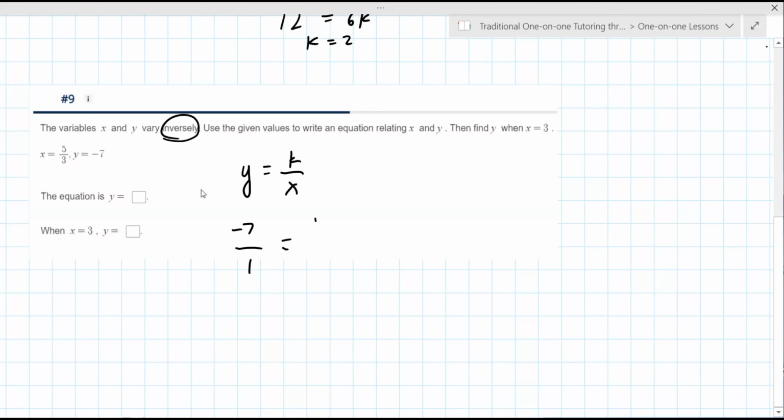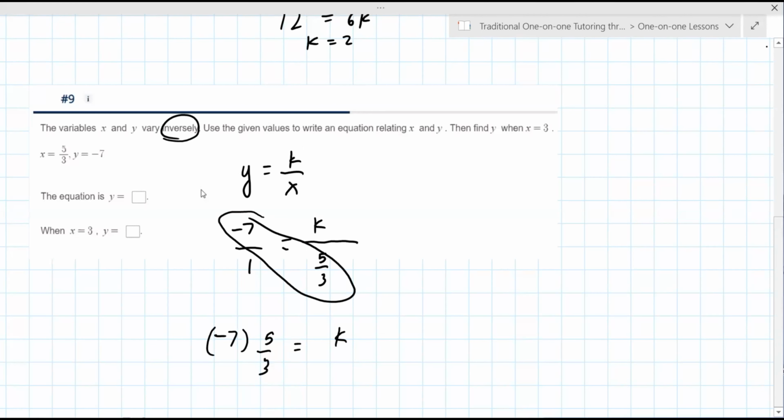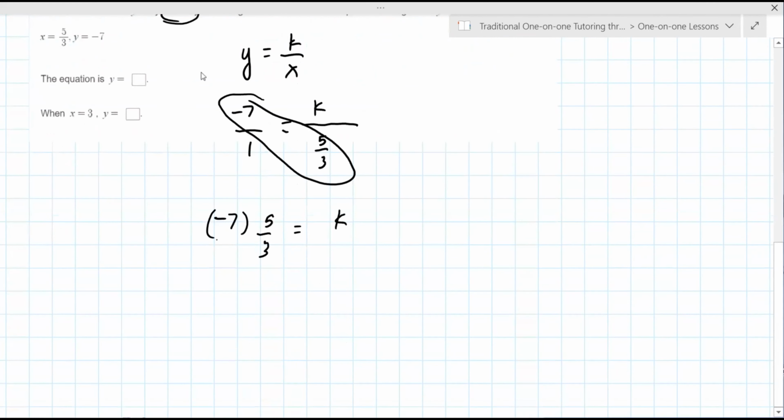Okay. And so this one's a little bit harder because it's 5 over 3 is x. In the bottom here, it looks weird, but you still just cross multiply. Okay, so it's -7 times 5 over 3 equals k. And that on the left here, you just multiply the top, -35, and you multiply the bottom 3, and that equals k.